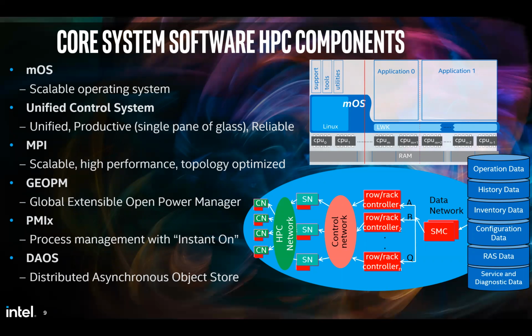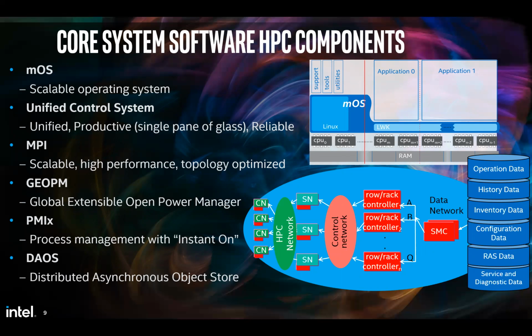If you start with a lightweight kernel, one of your goals is to try to get as much Linux capability as you can. And if you start with Linux, as you start removing some of the things to allow it to scale, your goal really is to keep it as much Linux as you can, not breaking the Linux compatibility that you're starting with. What MOS does is recognize the fact that we have lots of CPUs and lots of cores.